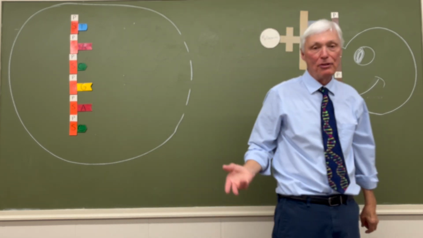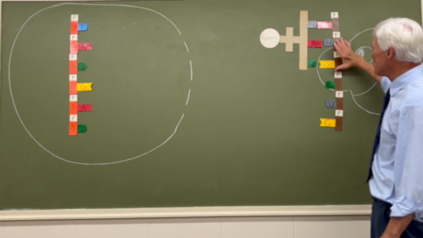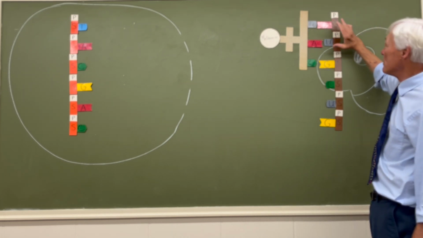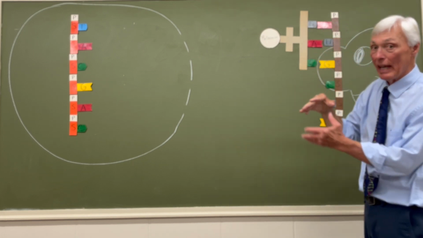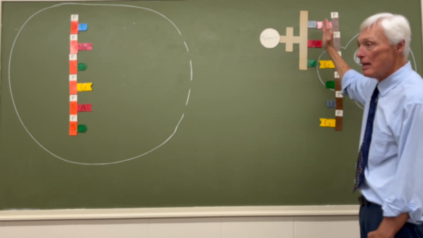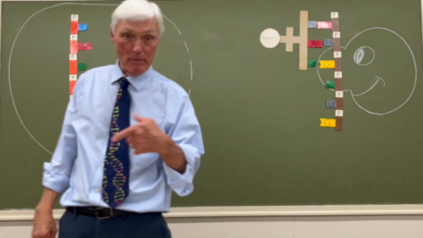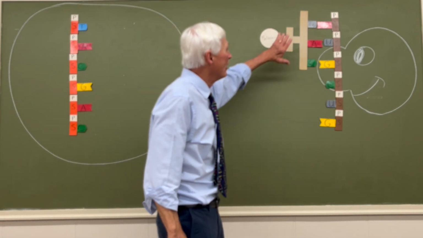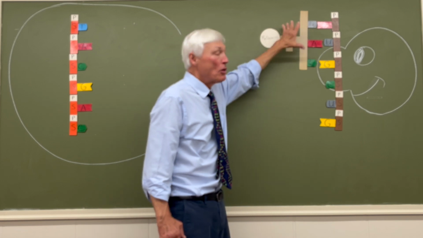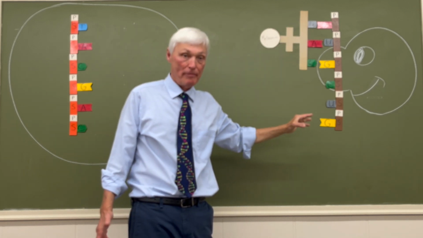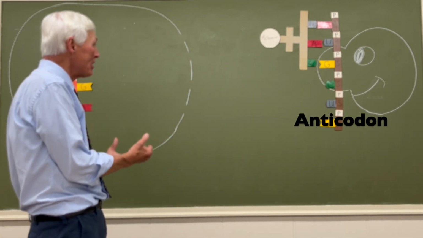I already told you that this group of 3 bases on the messenger RNA molecule here is called a codon. You know what we call the 3 bases, like landing gear on the transfer RNA? You know what we call those that are the opposite or complementary to the codon? Those 3 bases on the tRNA, that's called an anticodon. That's what that's called.